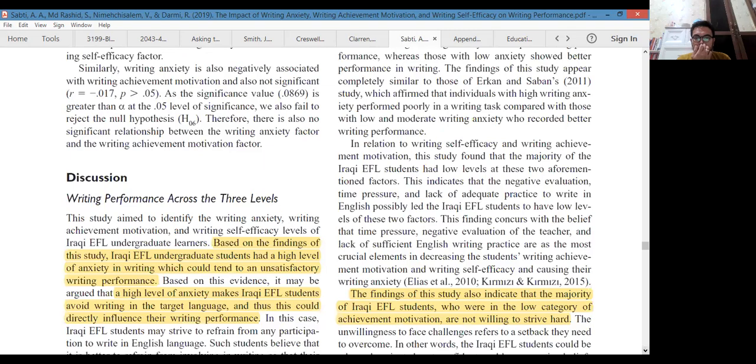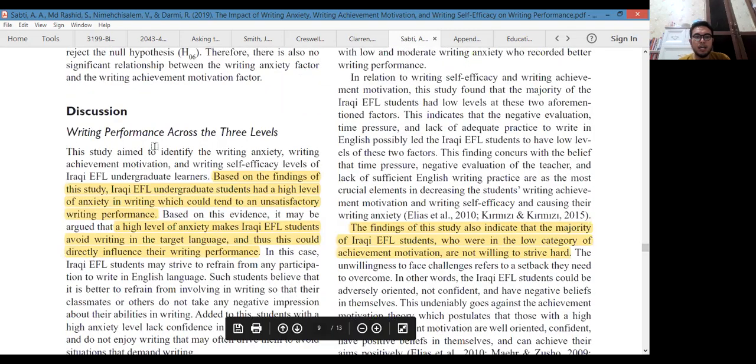And we come to the discussion. The first theme that they discuss in this study is writing performance across the three levels. Based on the findings of the study, Iraqi EFL undergraduate students had a high level of anxiety in writing, which could lead to an unsatisfactory writing performance.